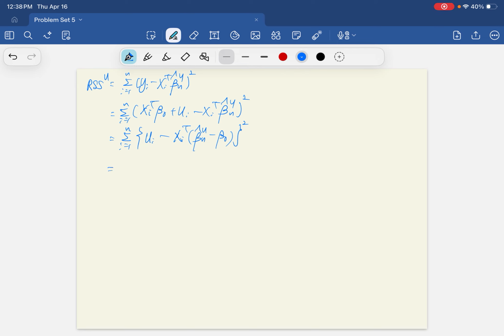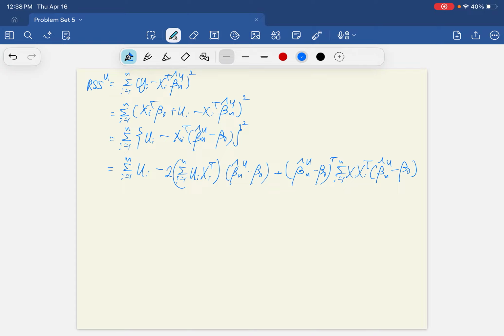So that also implies the summation of u_i squared, then minus 2 times the summation of u_i x_i prime times (beta hat_u minus beta_0), plus (beta hat_u minus beta_0) transpose times the summation of x_i x_i transpose times (beta hat_u minus beta_0).